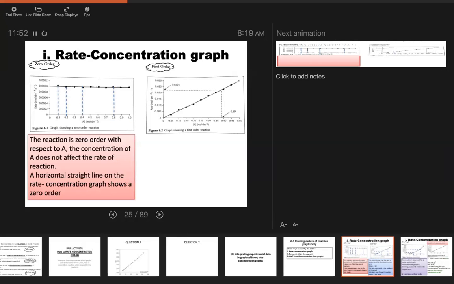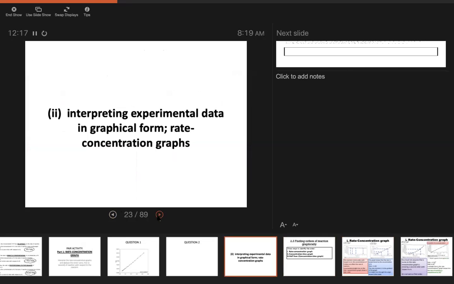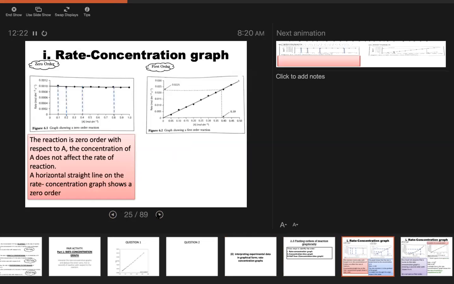So let's see for this graph where we have the rate-concentration graph of a first order. Ignore this dotted line that is already printed on your notes. But if we remember from our previous page, first order is when you increase the concentration, the rate increases by the same amount.